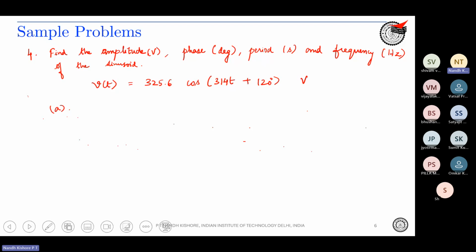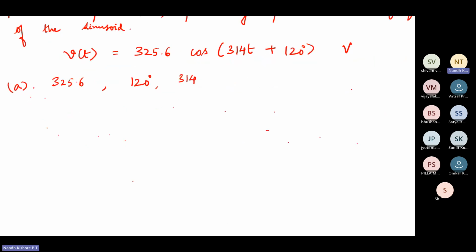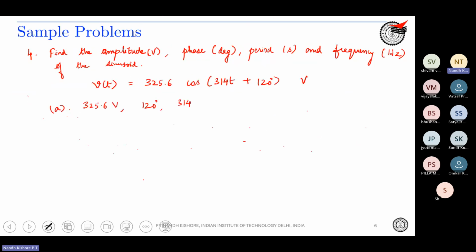So the options are: A, 325.6, 120 degrees, 314 seconds, 3 hertz.